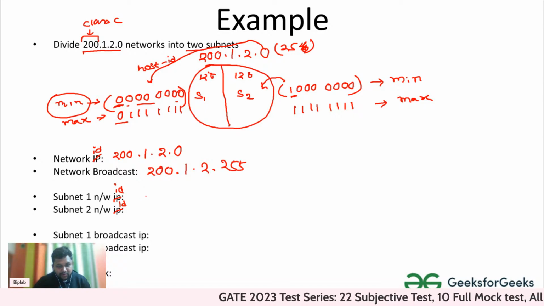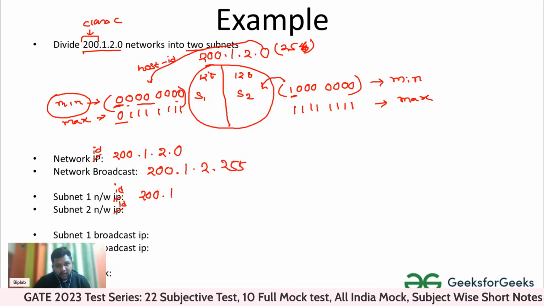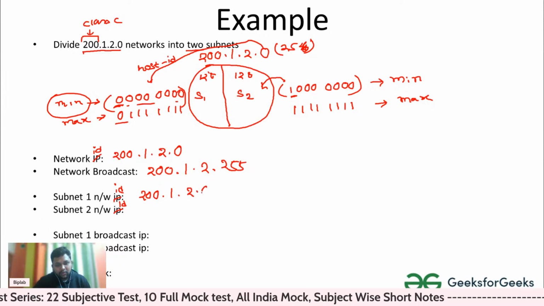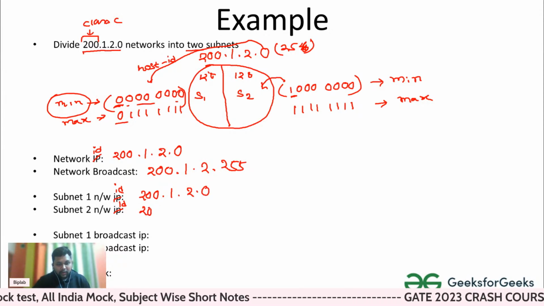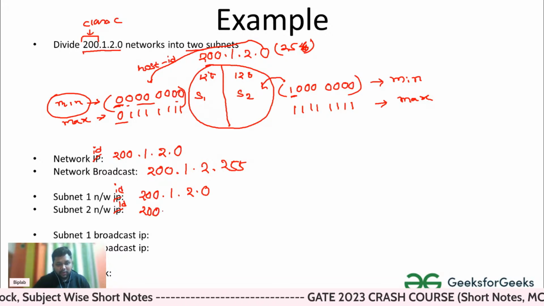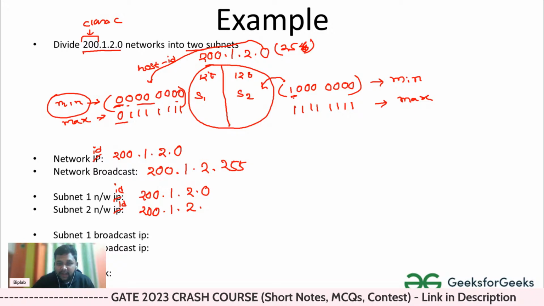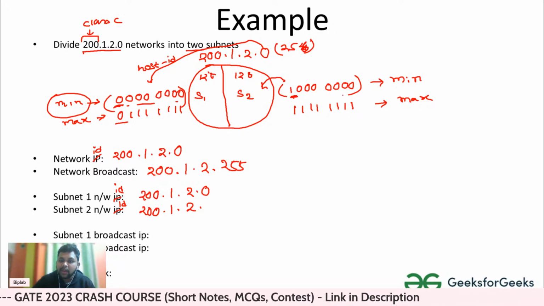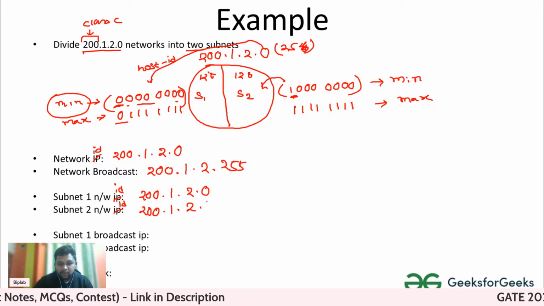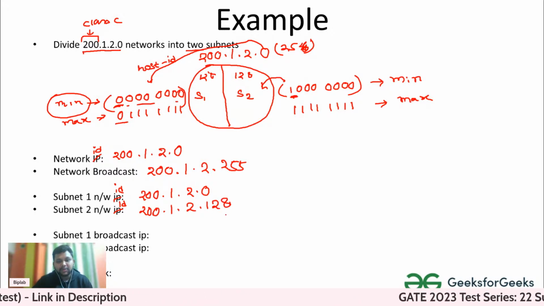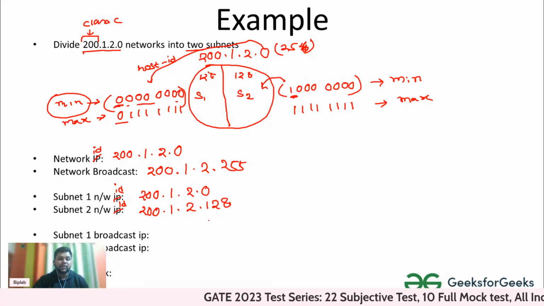So for subnet 1, your network ID is 200.1.2.0. And for subnet 2, your network ID is 200.1.2, and the first bit will always be 1 and all others are 0. So it will be 128. This is about your subnet 1 and subnet 2 network IDs.